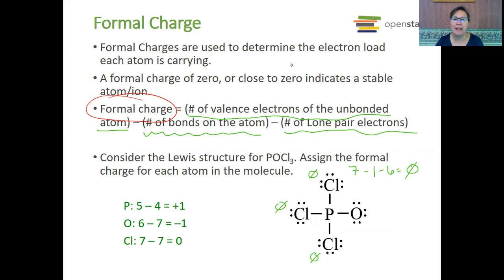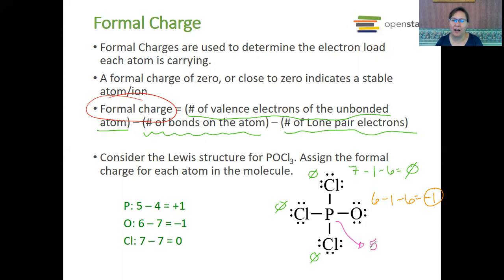Okay, so now let's take a look at the oxygen. So oxygen comes with 6 valence electrons. This oxygen has 1 bond on it, minus 6 lone pair electrons, and that gives it a formal charge of -1. And we have the phosphorus down here then.